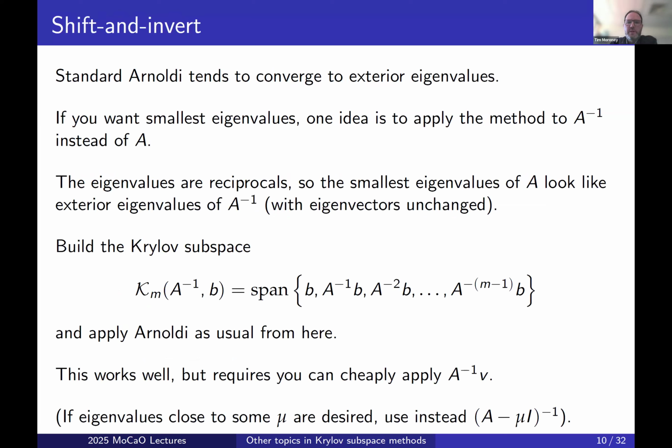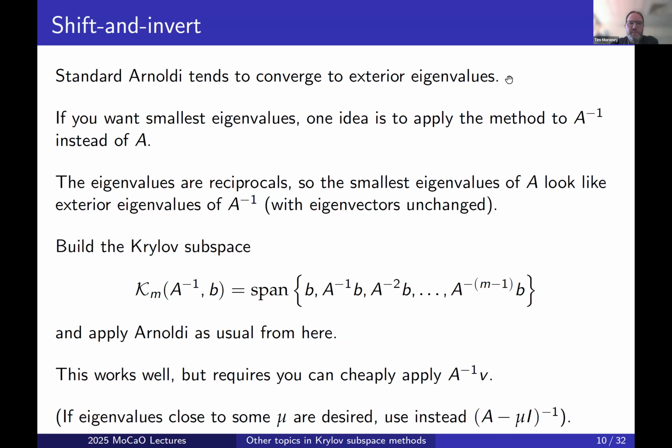Okay, well, we saw way back when we analyzed the Arnoldi method that the standard Arnoldi method tends to converge to exterior eigenvalues in the spectrum. And we did some great theoretical development where we looked at the polynomial minimization problem that method is truly solving.